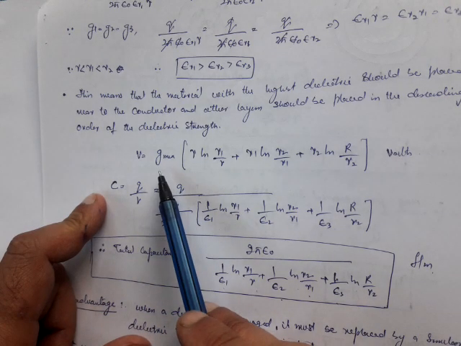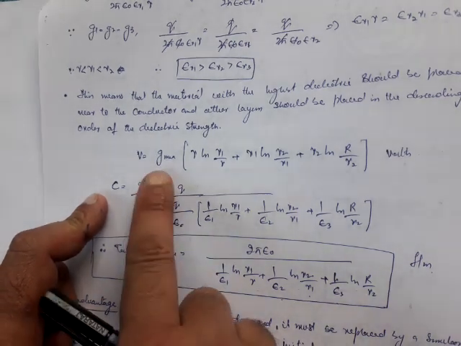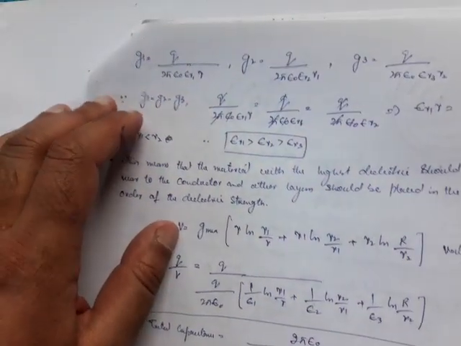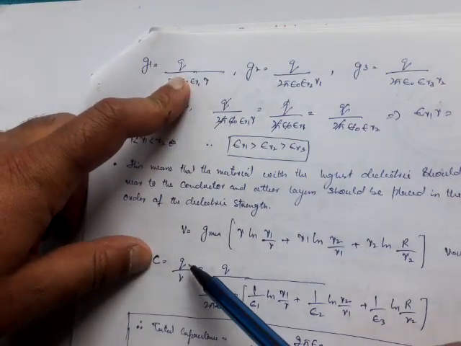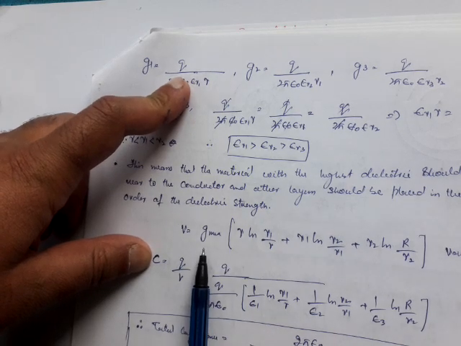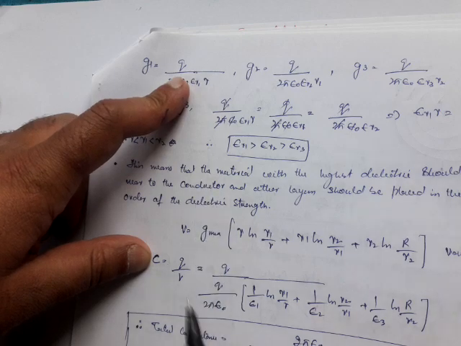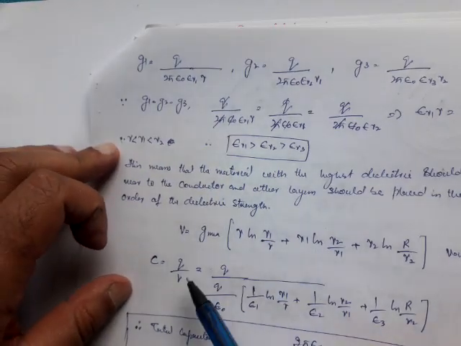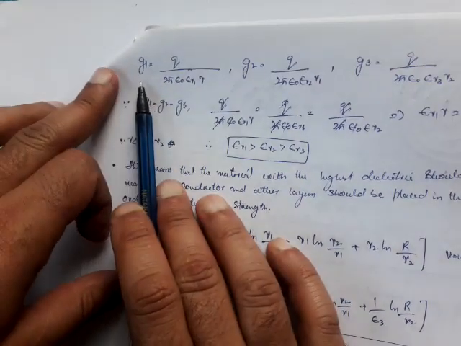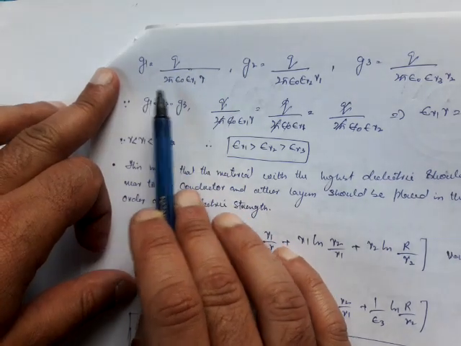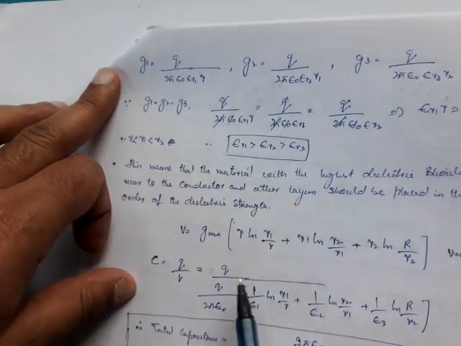You will see that this is Gmax. You have to write this value in Q by V. In place of Q you have to write Q is equal to G1 2 pi epsilon naught of this.